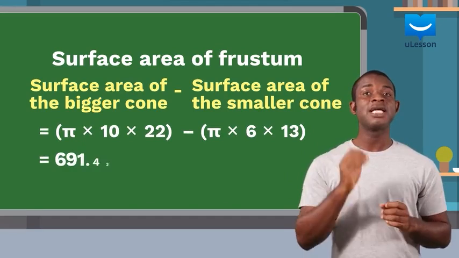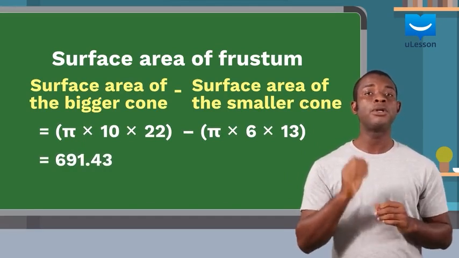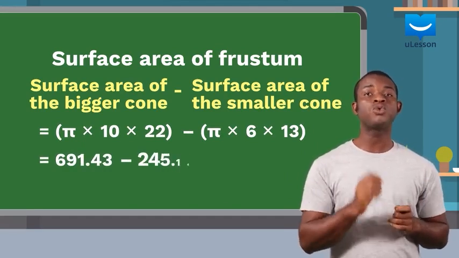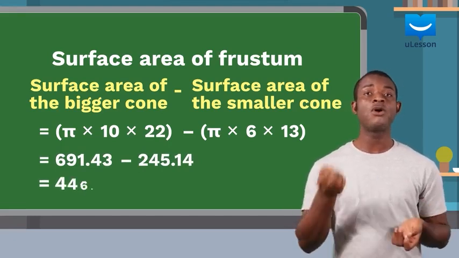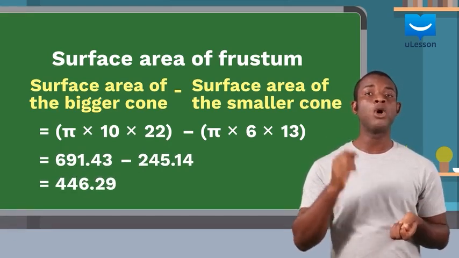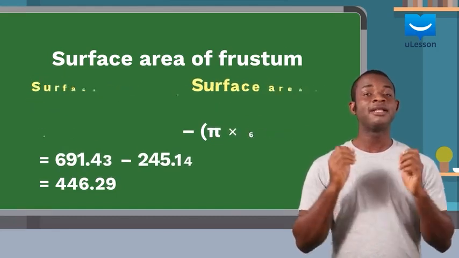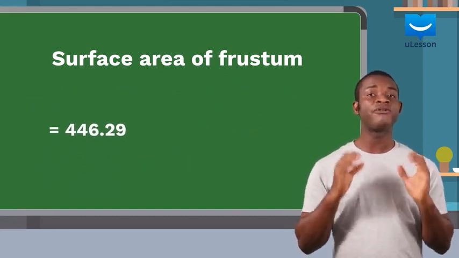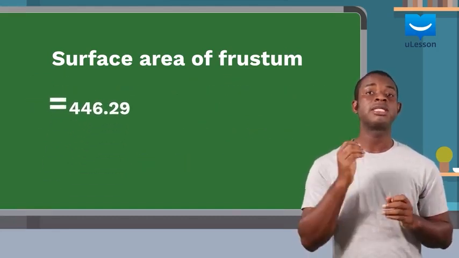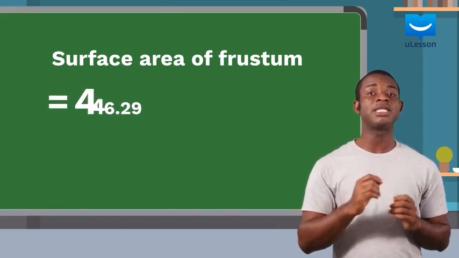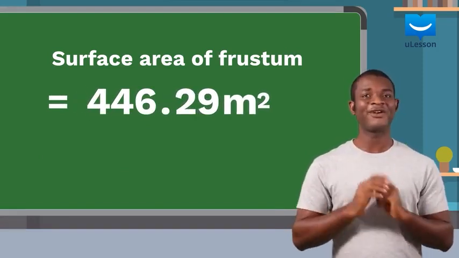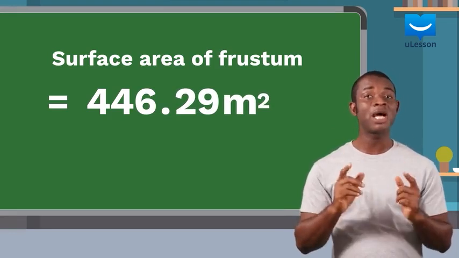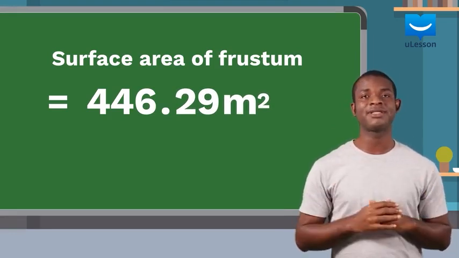Expanding, we have 691.43 minus 245.14, which is equal to 446.29. This means that the surface area of the frustum of the cone in question is equal to 446.29 meters squared. Never forget your units. Your final answer will be considered wrong without it.